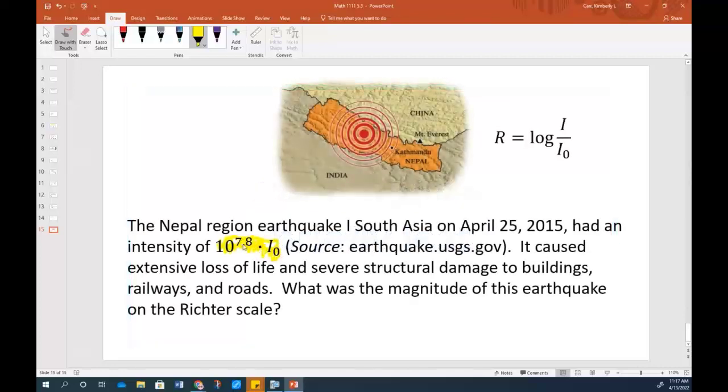This, it was 10 to the 7.8 times that smallest possible intensity.